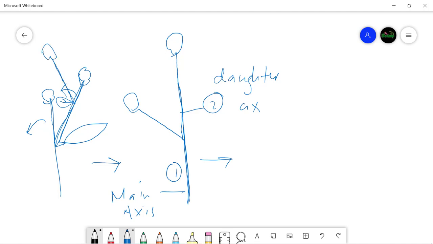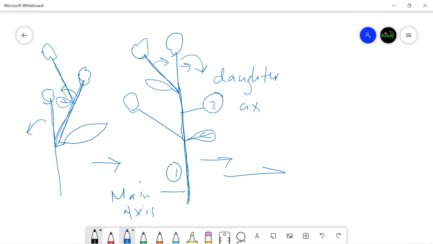Now that particular branch, as you can see now, when it straightens out, the leaf is here of the first branch, and this is the second branch. Now as you can see, when it tries to straighten itself out or get itself straight, this particular branch, it will bend towards the right.